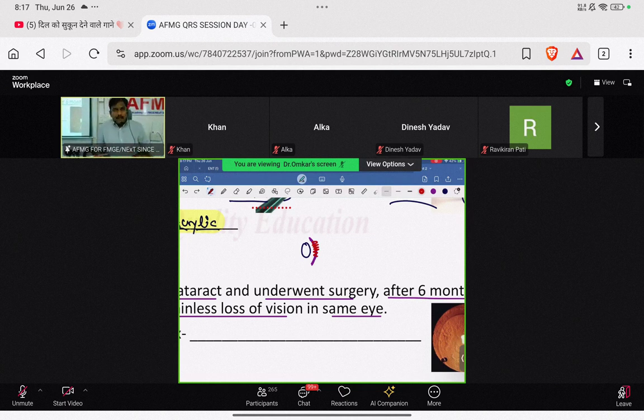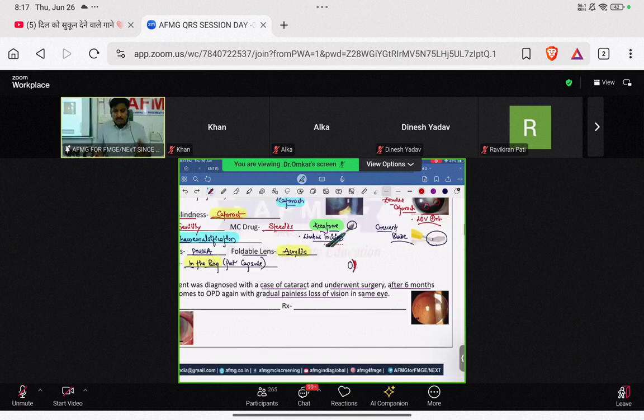This is the late complication of cataract surgery, or I would rather say it is the most common complication of cataract surgery, called PCO, known as posterior capsular opacification, also known as after cataract or secondary cataract.